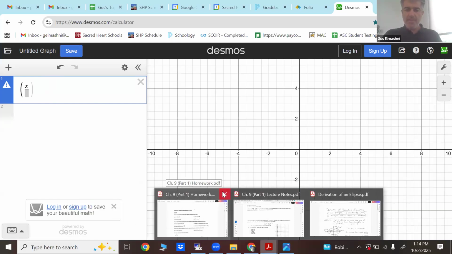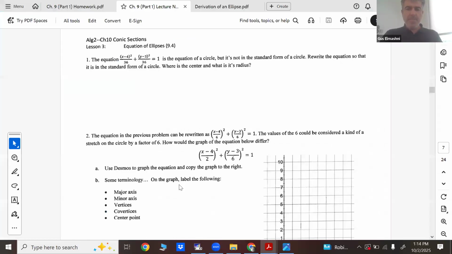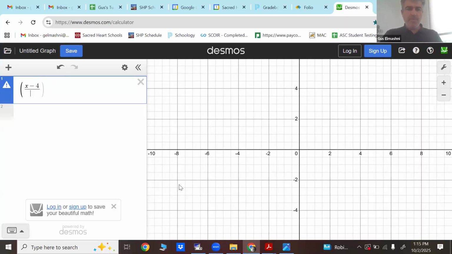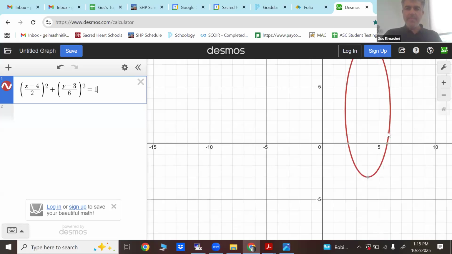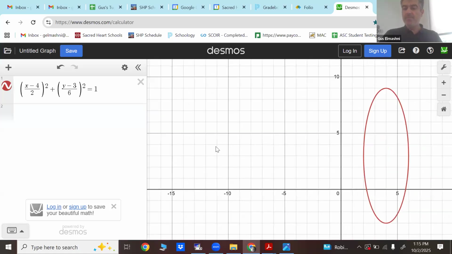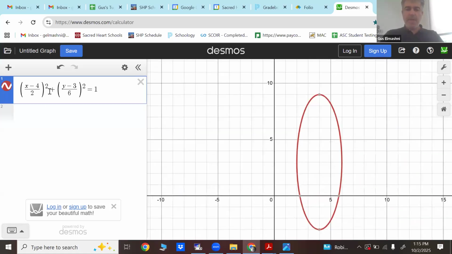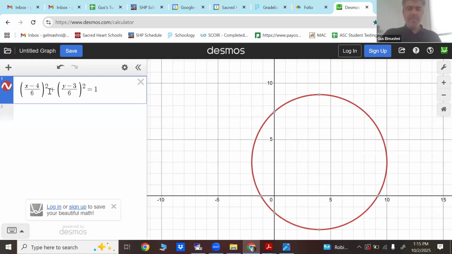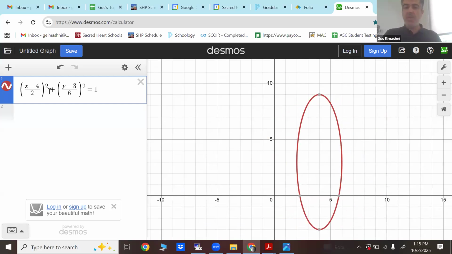Actually, I'll leave that open. x minus 4 over 2 raised to the second power plus y minus 3 over 6 raised to the second power equals 1. Okay, so you get an oval like that. Now, of course, if I put 6 back in the mix, it's circular, right? But you see how it gets less and less circular as I change that?